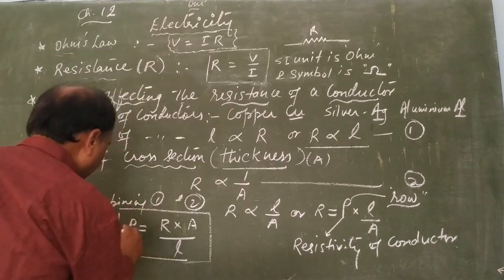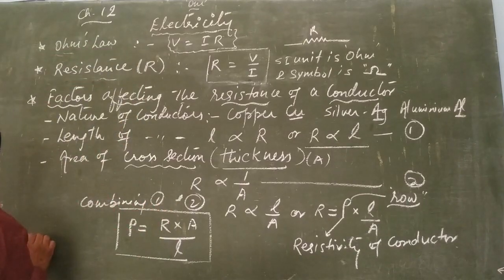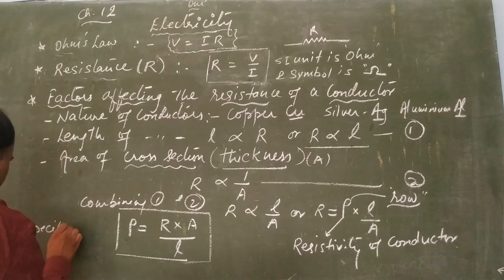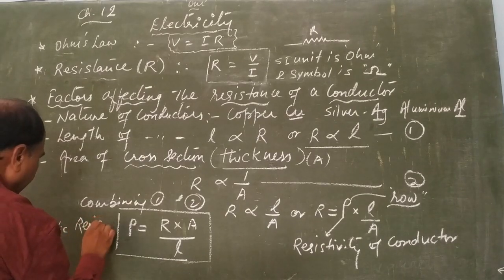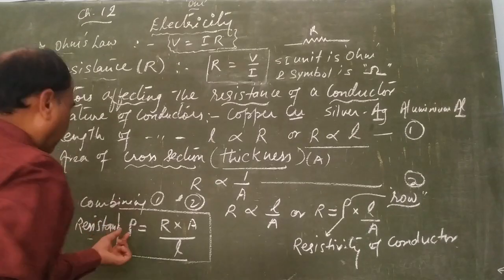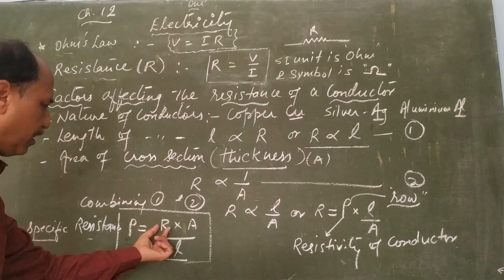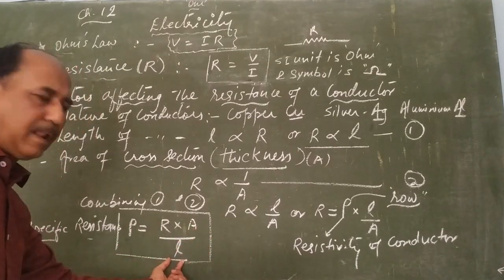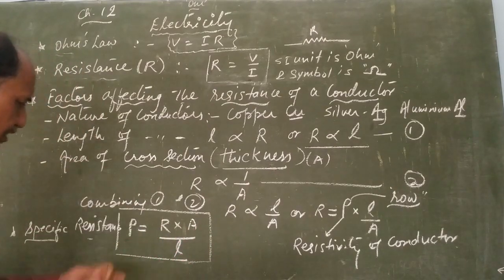We can also say that this is specific resistance, that is rho, that is equal to R into A by L.